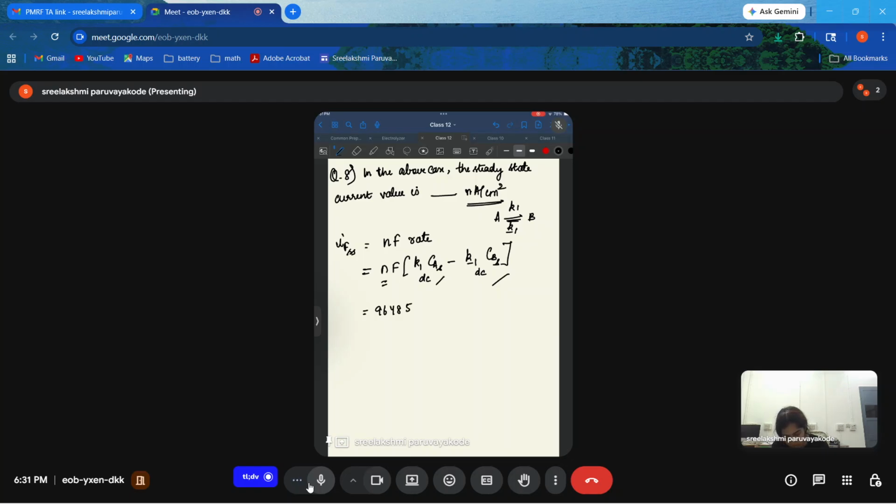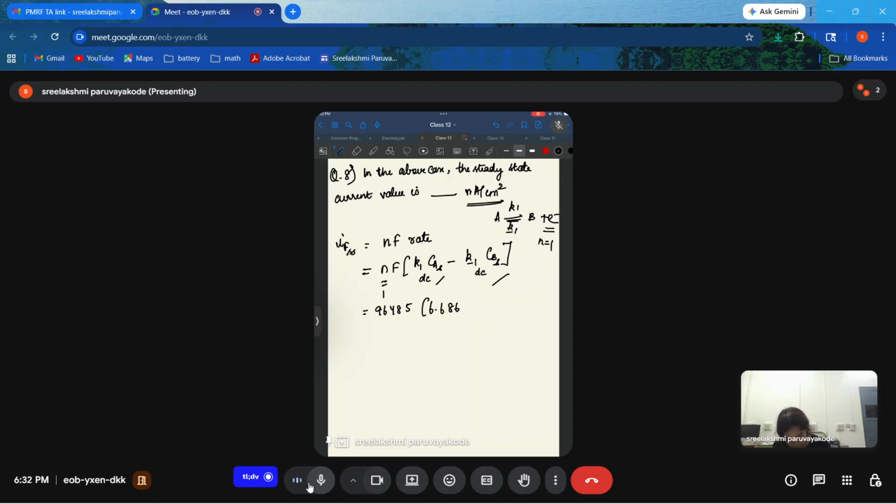N value is 1 because it is a single electron transfer reaction. N equal to 1. So 96,485 coulombs per mole. So coulombs per mole means it is going to be ampere second per mole. So all our units are in milliamps, right?